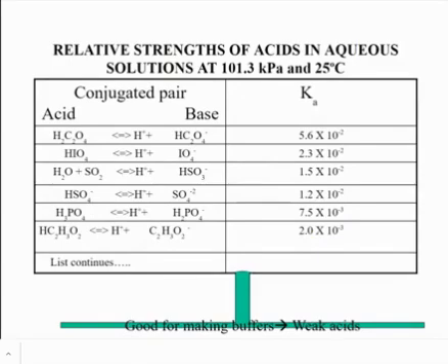So we look for weak acids, and then we look for their conjugate base. But we can't just pull a conjugate base off the shelf, so we need to have a salt of the conjugate base.